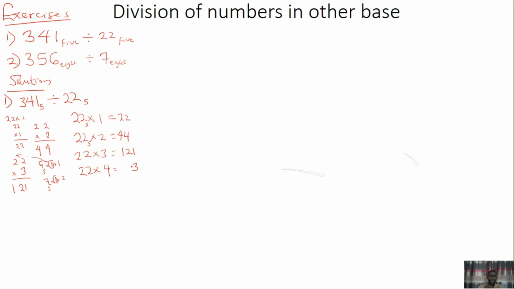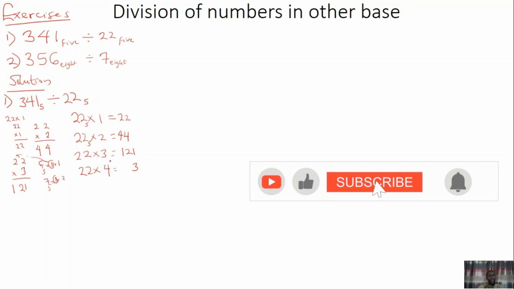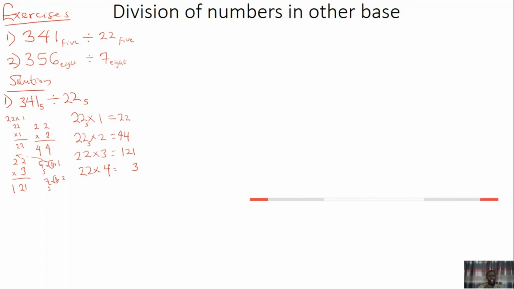We'll carry the 1 on. 4 times 2, that is 8, plus that 1 that we are carrying, that is 9, divided by 5, that is 1 remainder 4. So the 1 that we are carrying, we're going to write it here. So it's 143.